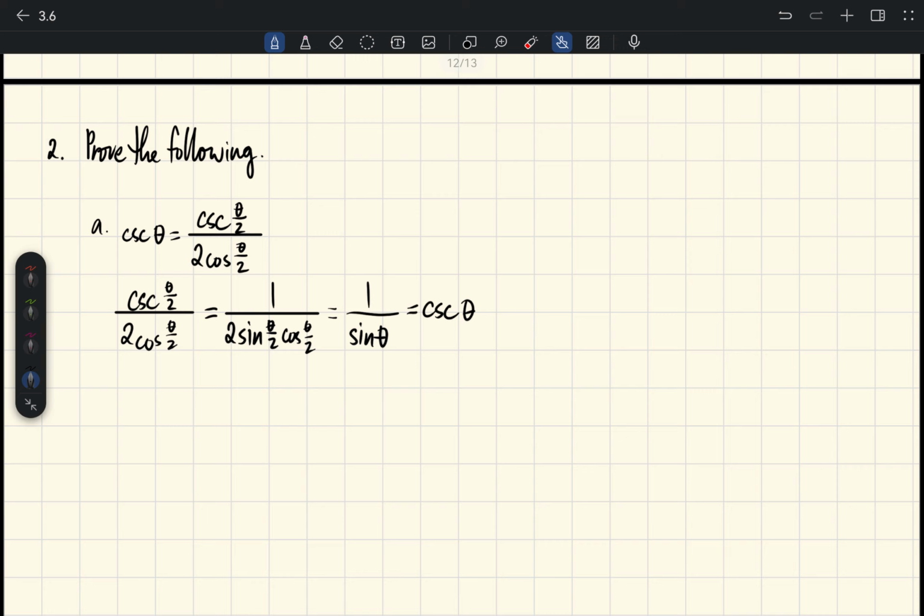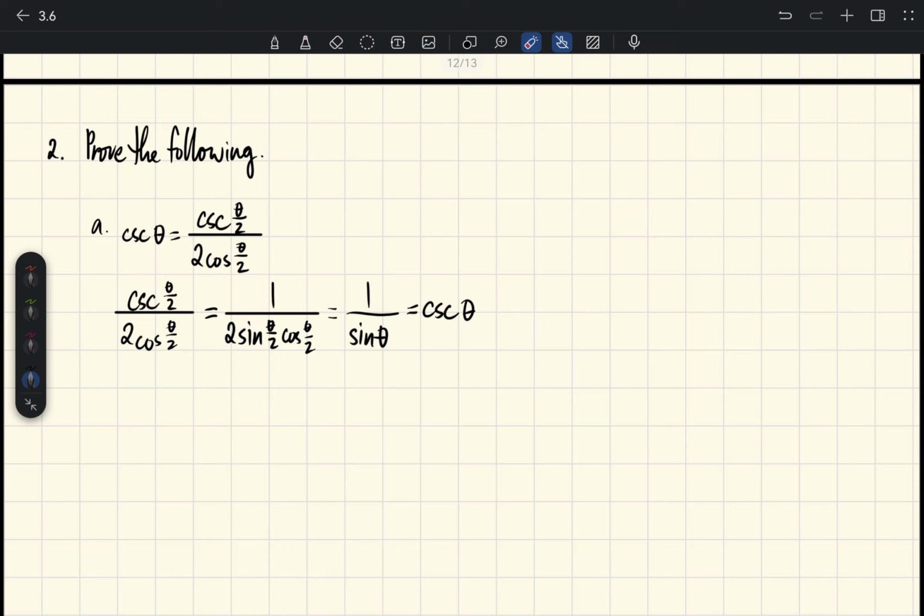So as you can see, it's not always ideal to use your half angle identities for proving. Sometimes you need to do some things first which might make your proving easier.